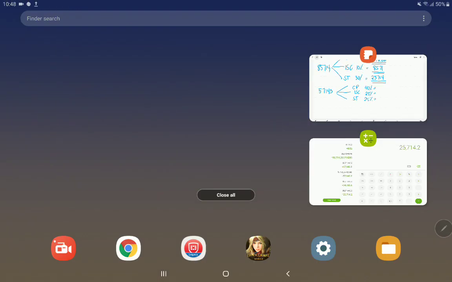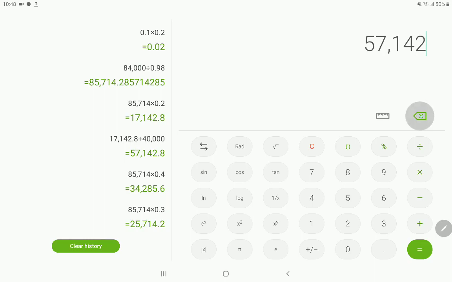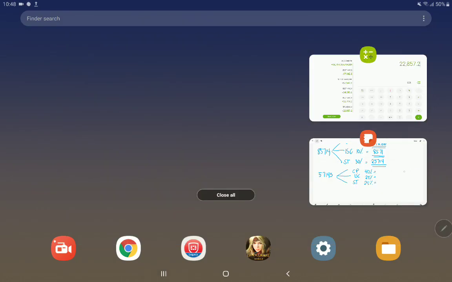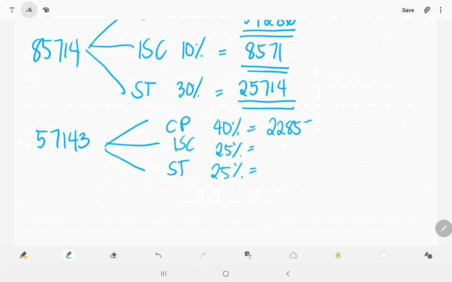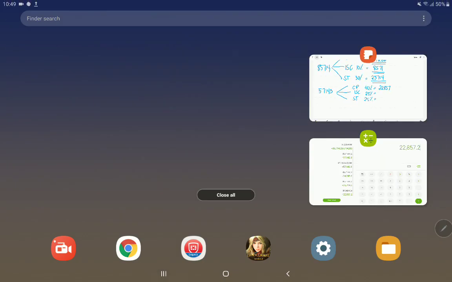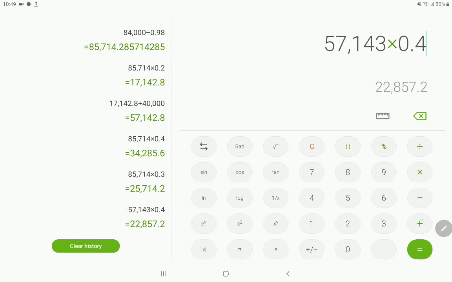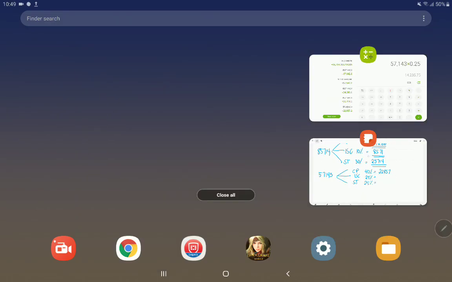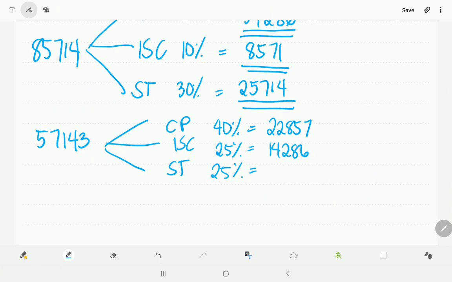So 57,143 multiplied by 0.4 gives 22,857, and 57,143 multiplied by 0.25 gives 14,286 for the Information Systems Consulting and the Software Training. These are the cost allocations.